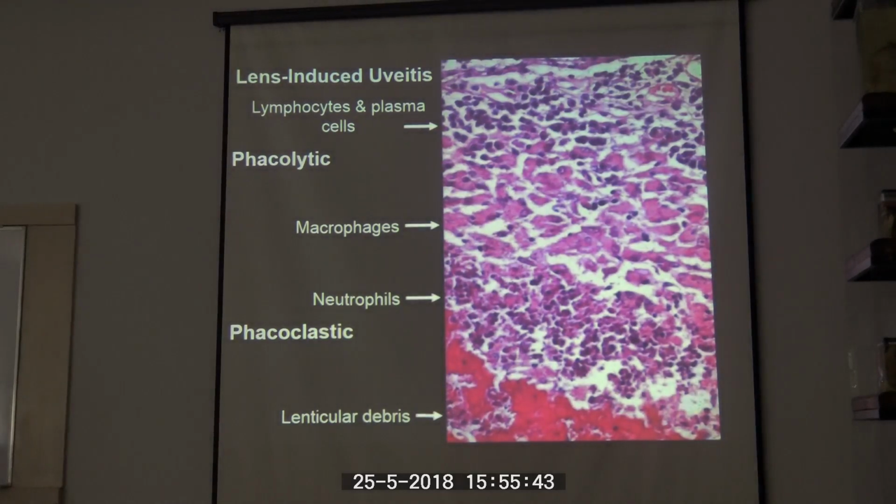Now, we can also get infiltrate where macrophages, lymphocytes, plasma cells, and so on are an important component as a result of lens-induced uveitis. And so this slide is to basically highlight the fact that lens-induced uveitis, where we have a reaction to the lens protein, can be either because of leakage of lens protein without rupture of the capsule.